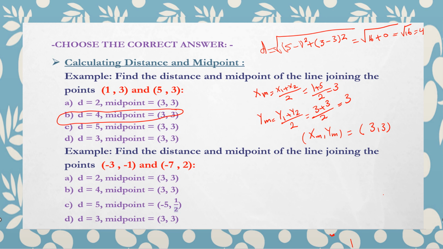Another example: find the distance and the midpoint of the line joining points (-3, -1) and (-7, 2).